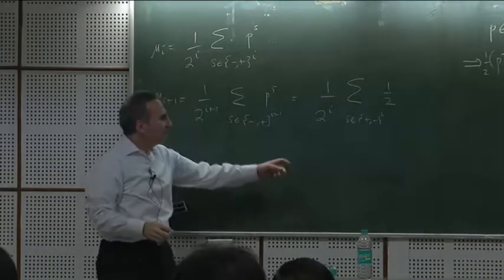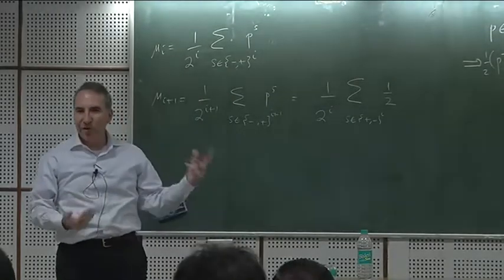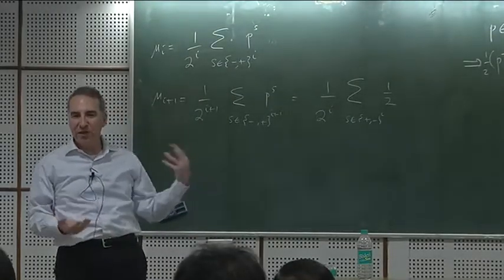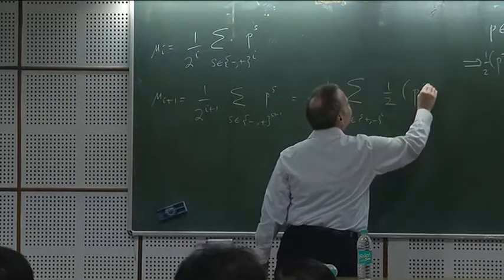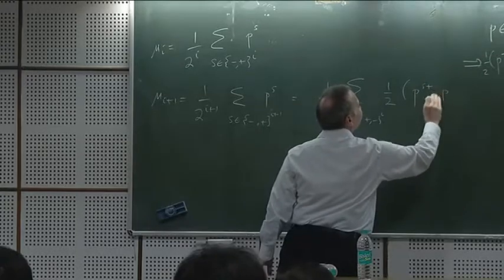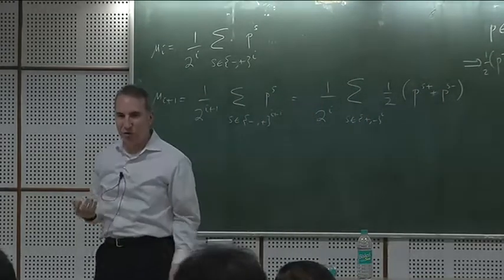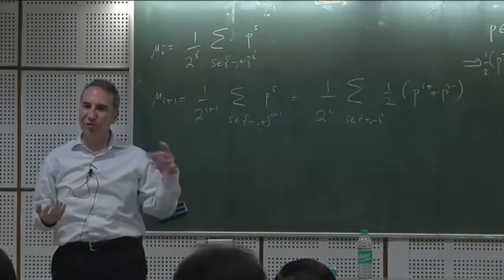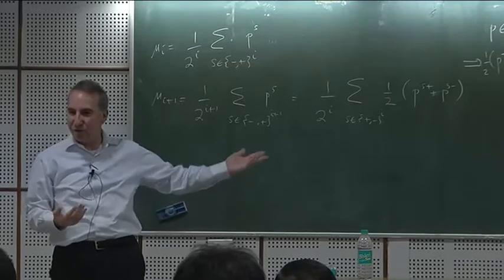And this is only over all sequences of length I. To complete I plus 1, I can append to the S either a plus or a minus. So now I have to put here PS plus and PS minus. A length I plus 1 sequence is a length I sequence followed by either a plus or a minus sign. So I write them both here.